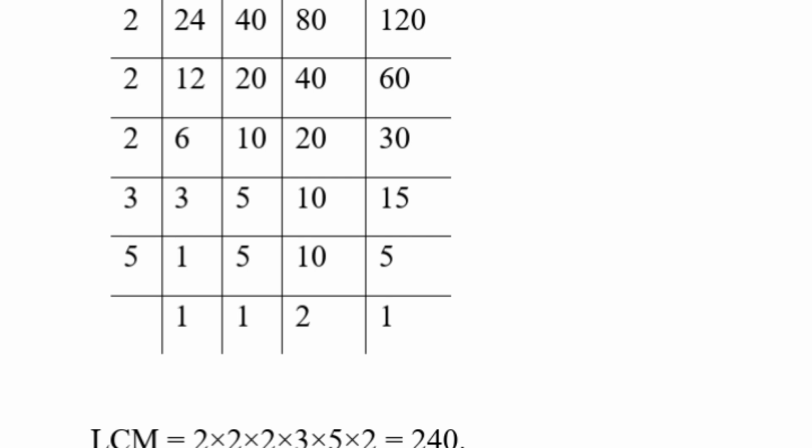Hence LCM is equal to 2 into 2 into 2 into 3 into 5 and into 2, that is equal to 2 2s are 4, 4 2s are 8, 8 3s are 24, 24 5s are 120, and 120 into 2 is 240.